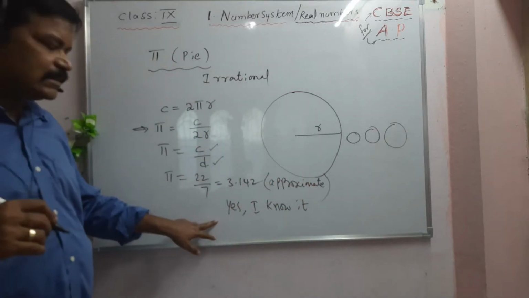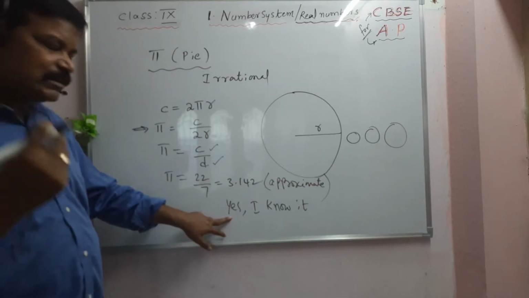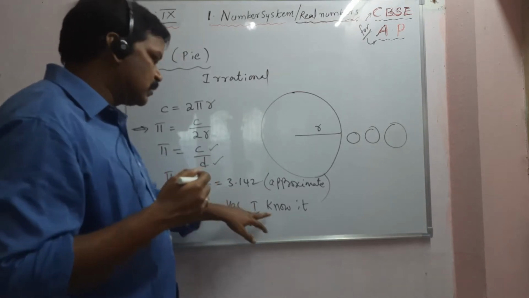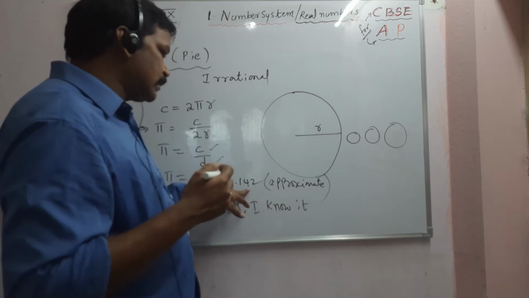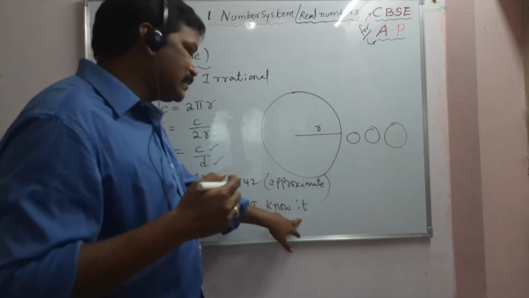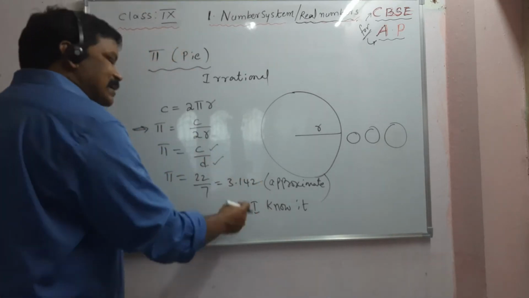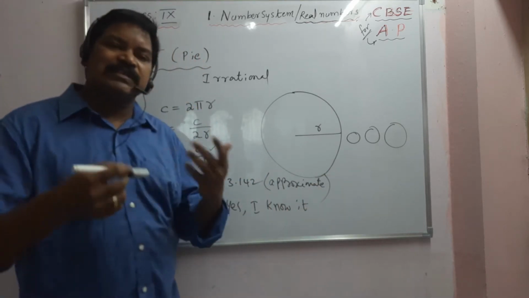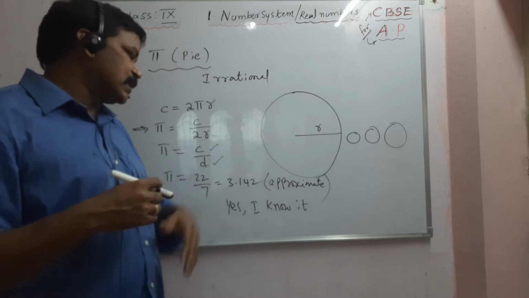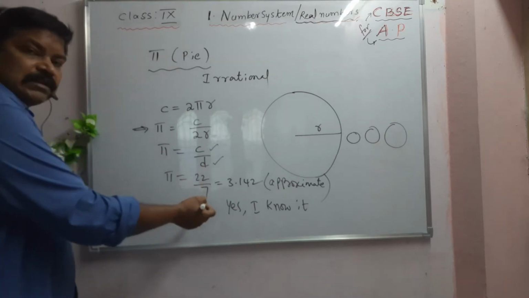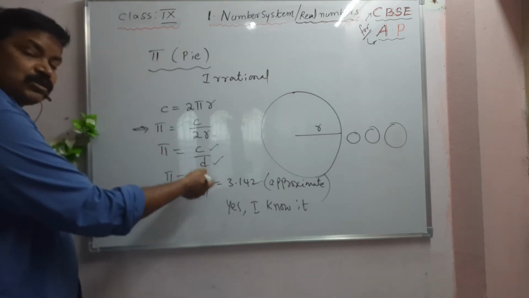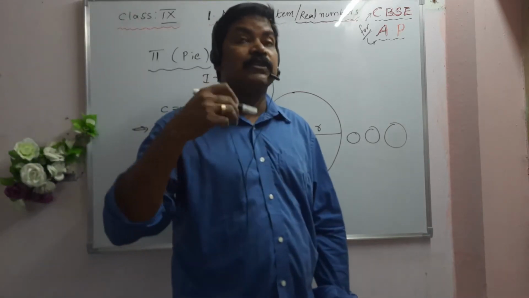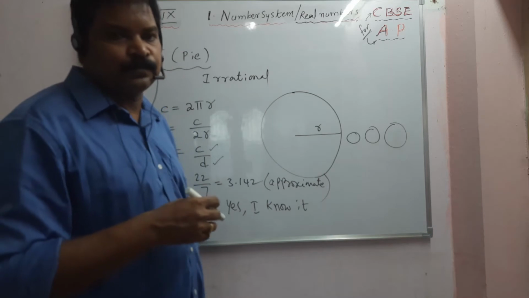S means it consists of 3 letters, that is 3. I means 1 letter, that is 1. K N O W, know, means 4 letters, that is 4. IT, it, means 2 letters. That means S, I know it. This 3.142, for easy remembering, yes, I know it. Actually, the decimal fraction of 22 over 7 has almost 3 trillion decimal places.